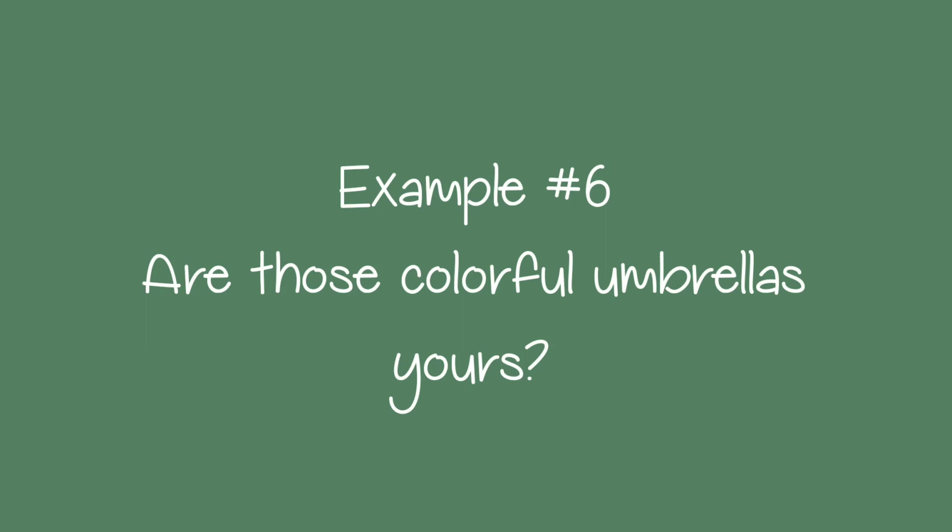Okay? But the noun or the subject is the word umbrellas. So there's a lot of umbrellas. We use are. That's why the sentence is like that. Are those colorful umbrellas yours? Are yung ginamit natin kasi nga maraming payong. Okay?